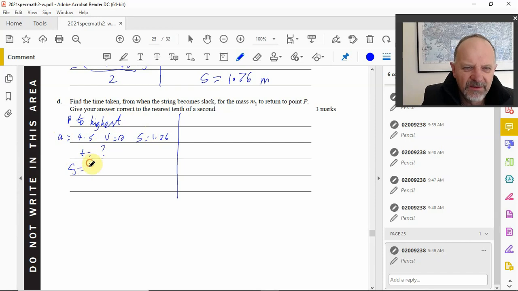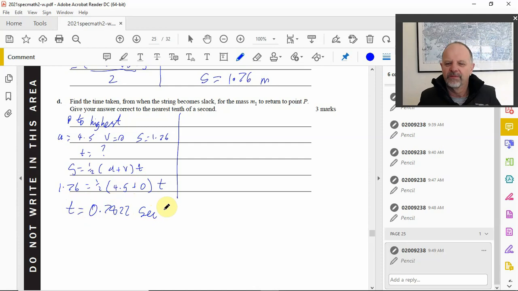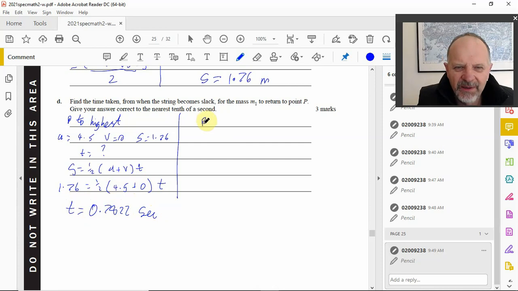So using s equals a half (u plus v) times t, putting in 1.76 equals a half times (4.5 plus 0) times t, and using the solve function again, you find that to the top it's 0.7822 seconds.